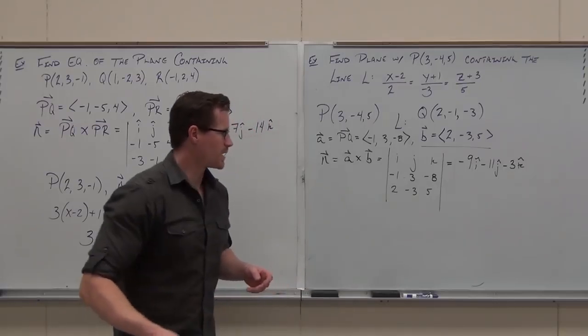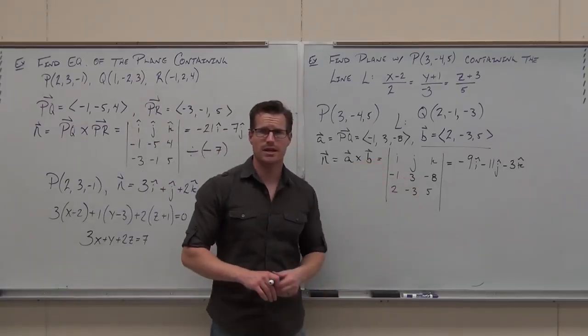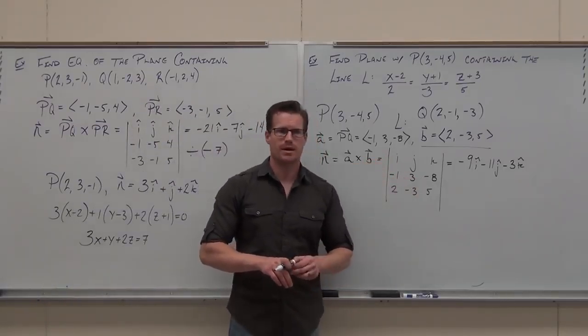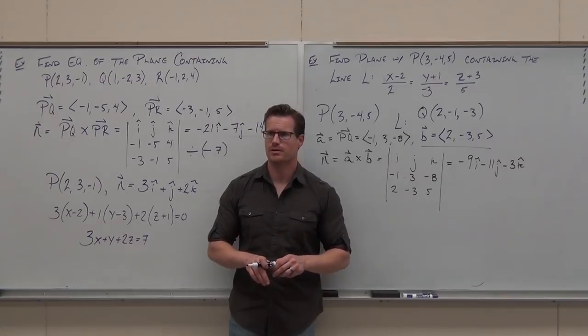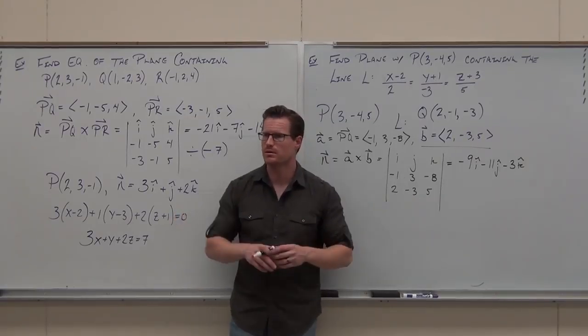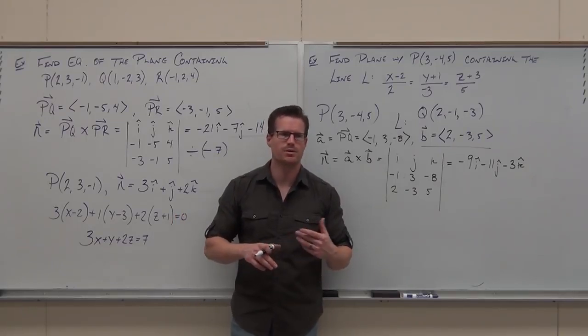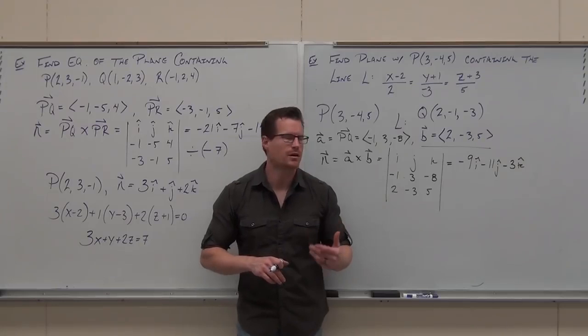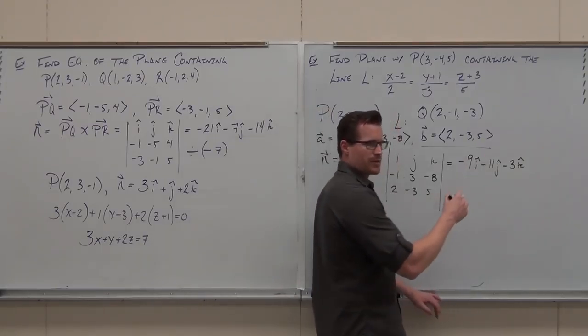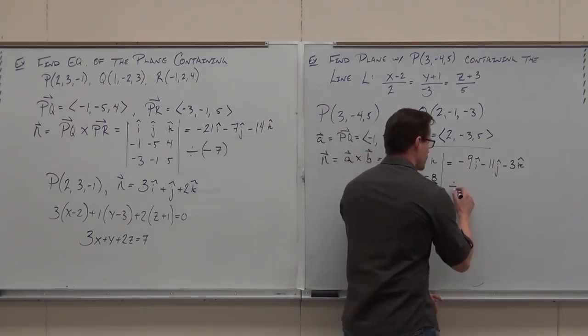I want to make sure you get the same thing I'm getting. If you did it this way, did you get negative 9i minus 11j minus 3k? Did you get that vector? Yes. What's the first thing you're doing with this nasty vector? Factoring out the negative, because I don't want to deal with all negatives. That's really ugly. So I would multiply or divide by -1, whatever you want to do.